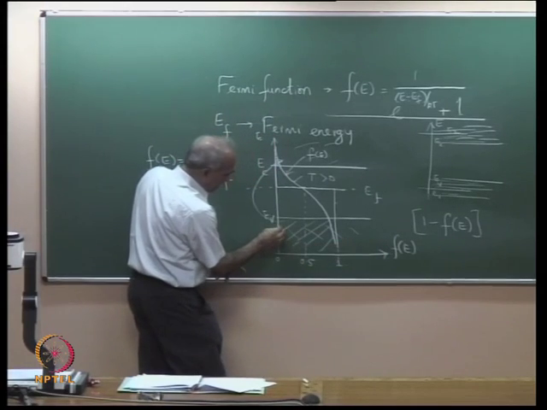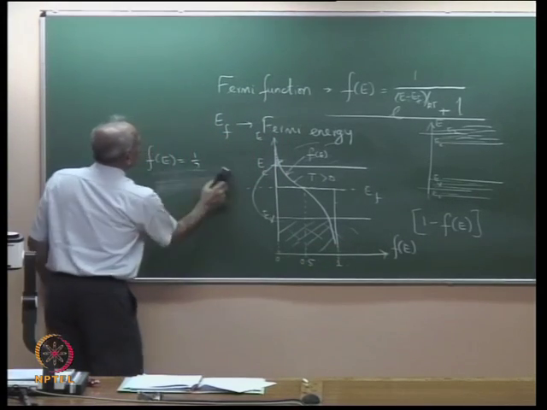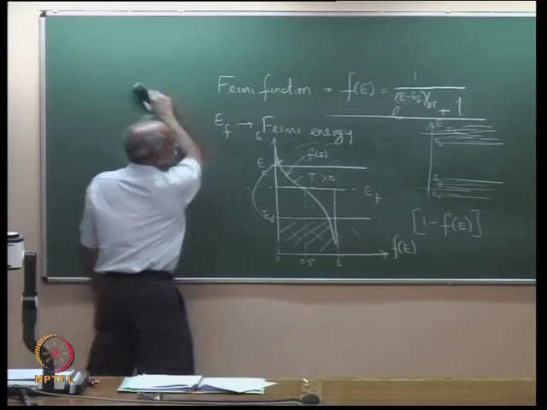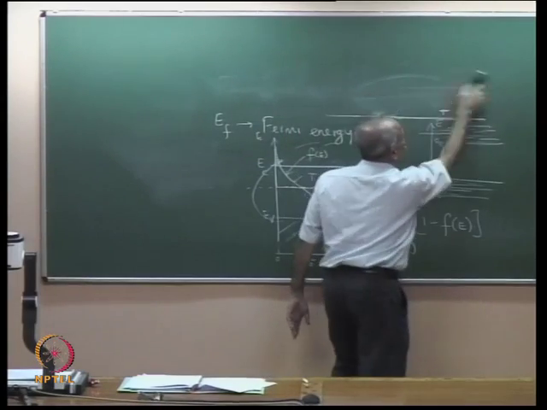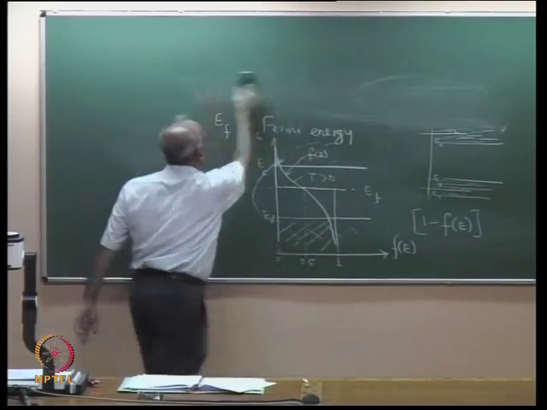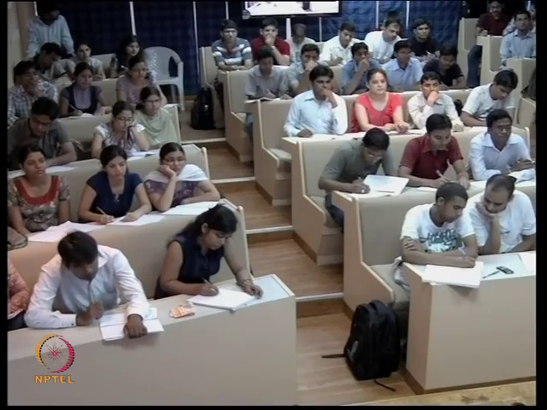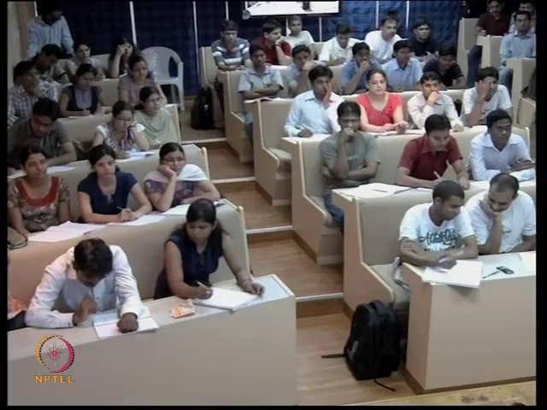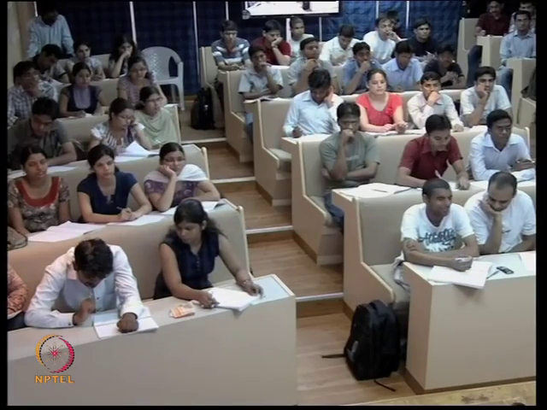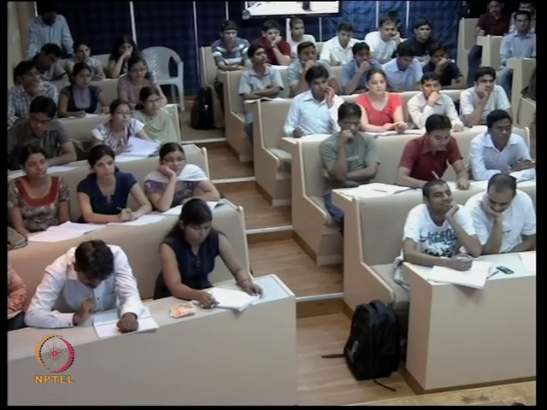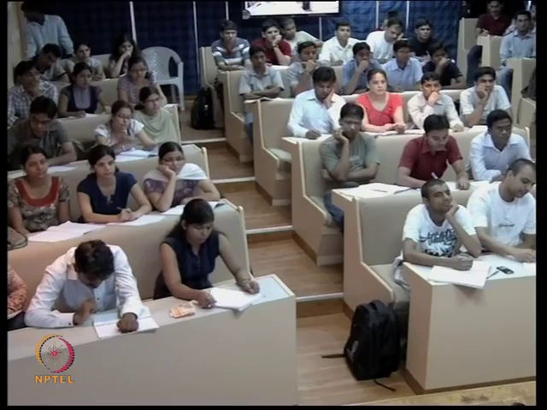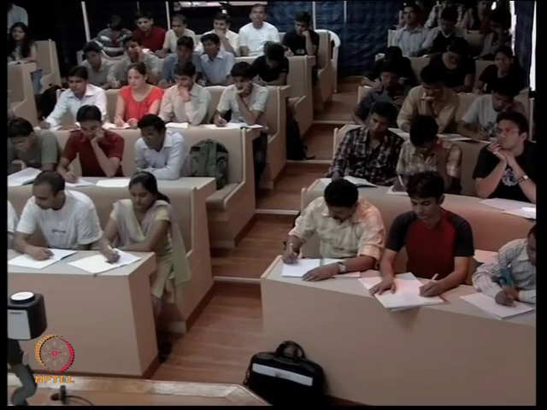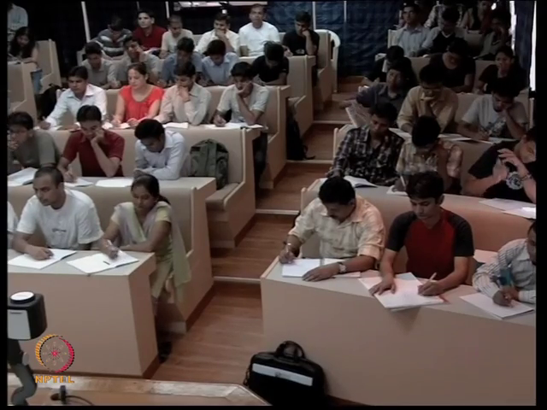Therefore, if I take an energy value E1 here, let me draw afresh. f of E is the probability of occupation. Therefore, 1 minus f of E is the probability that the state is vacant.